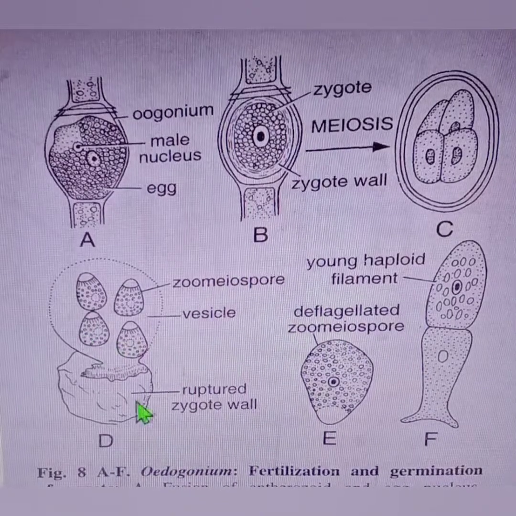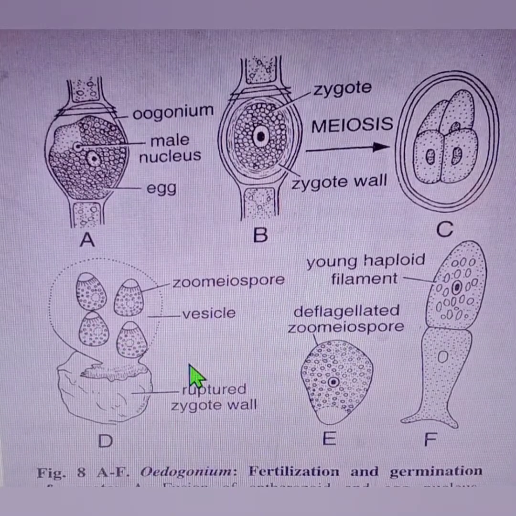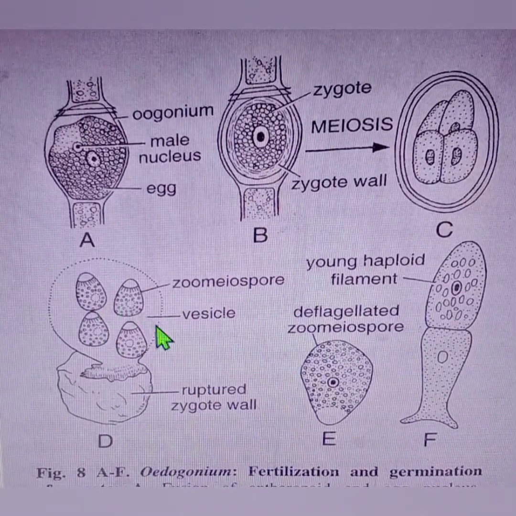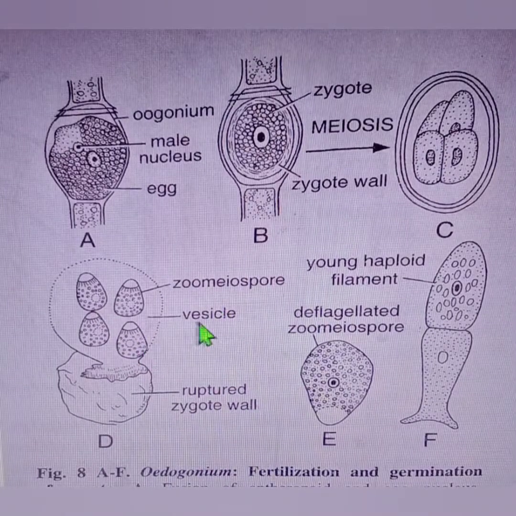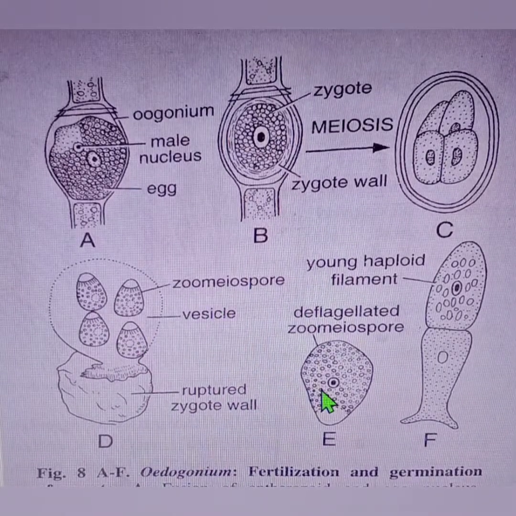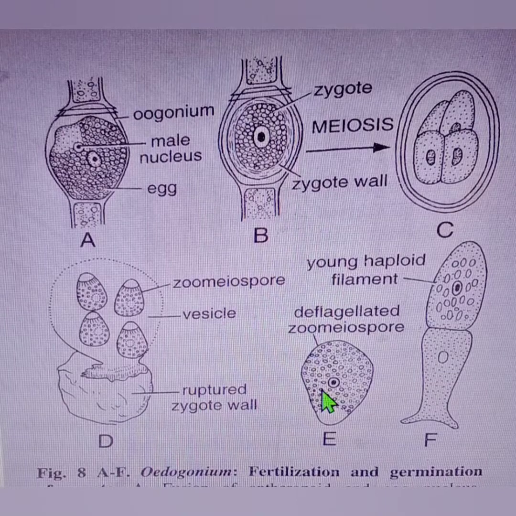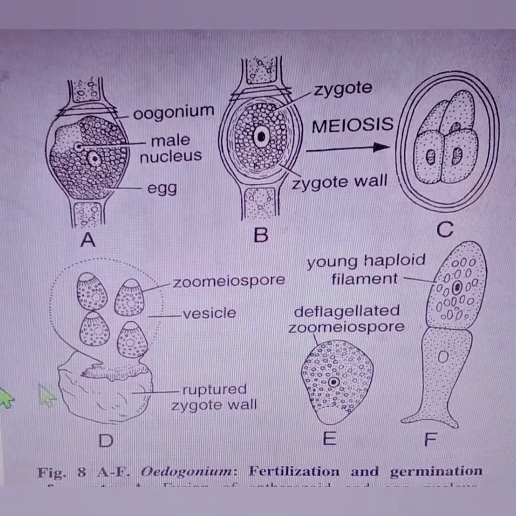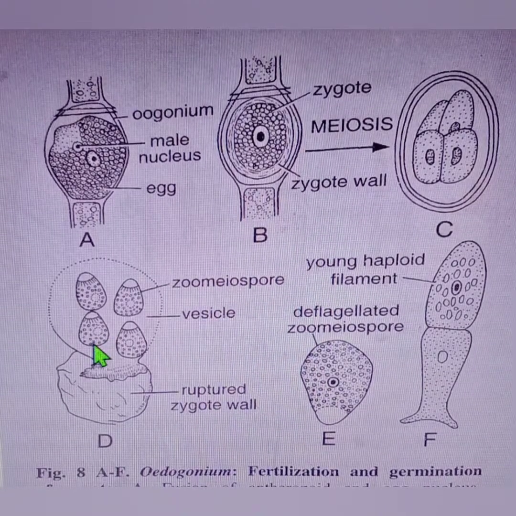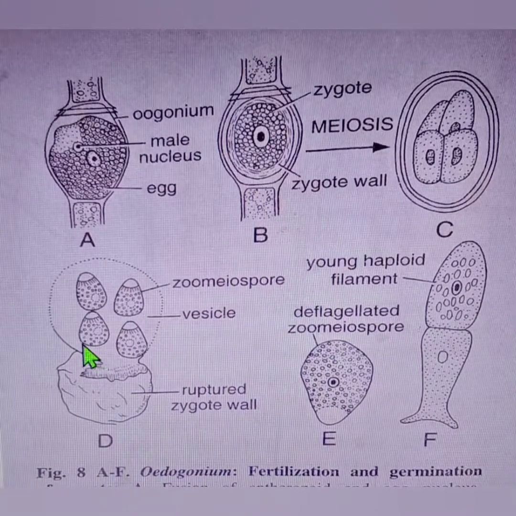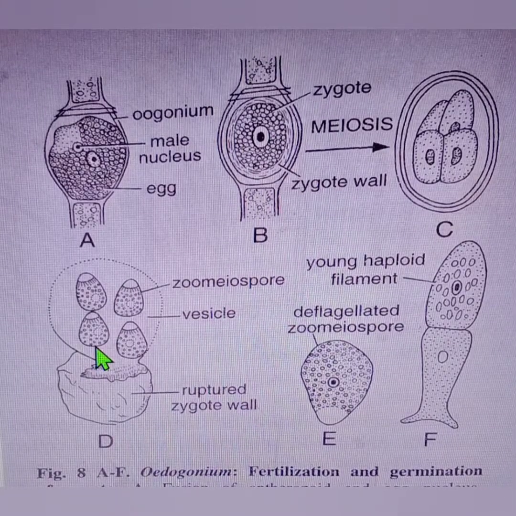And these zoospores swim for some time, and after swimming they will get attached to the substratum by their anterior end. Just remember that they attach to the substratum by their anterior end.